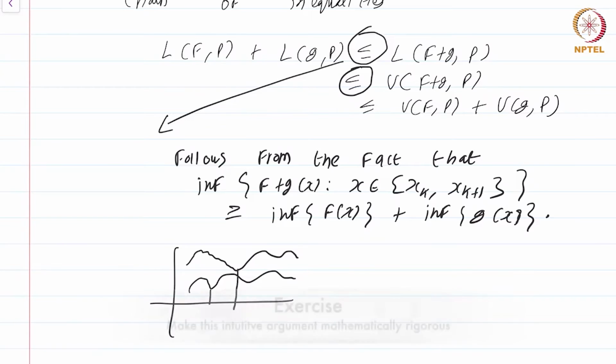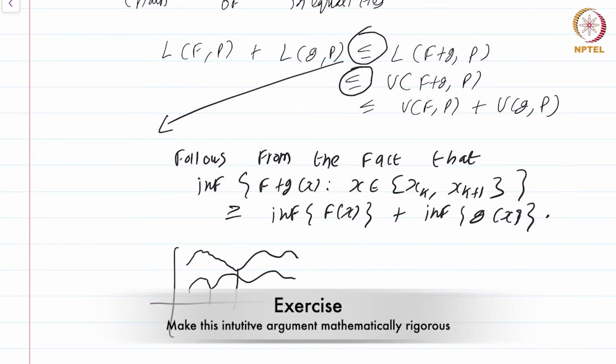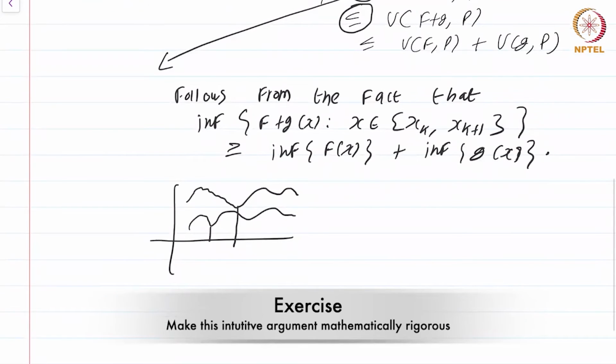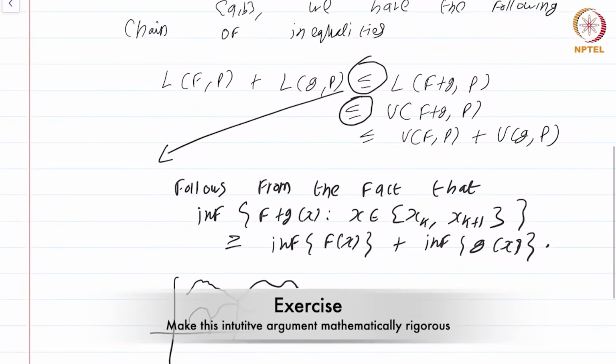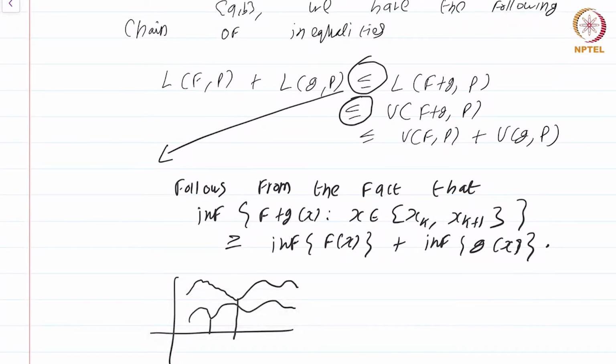Unless they coincide, it will not happen that the infimum of f plus g is equal to the infimum of f plus the infimum of g. So because of this, when you take the lower sum on each subinterval [x_k, x_{k+1}], the terms coming here will dominate the corresponding sum of these two terms. So because of this, this first inequality is true.